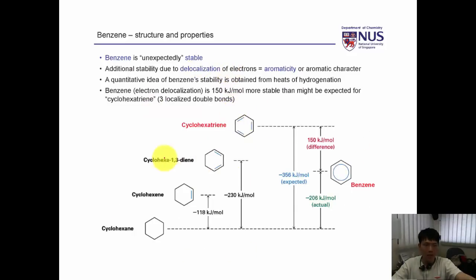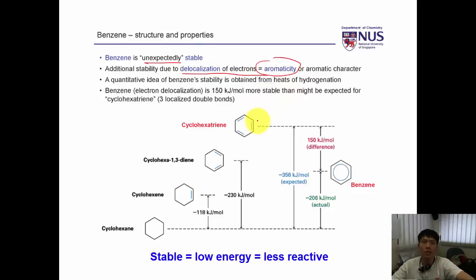Benzene is what we call unexpectedly stable. Unexpected because normally when we find a molecule with a double bond, it's electron rich, so it's prone to attack by electrophile. But in this case, because you have some form of stabilization due to the delocalization of electrons, we call it aromaticity. So that stabilizes the energy of the system and hence is not so reactive. We can prove this by using enthalpy change of hydrogenation values.